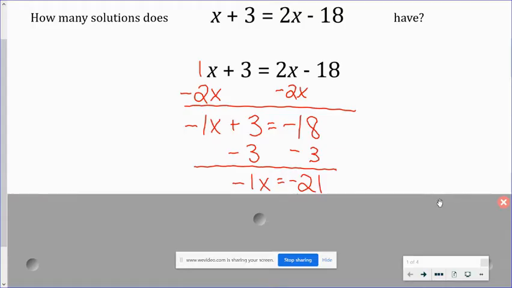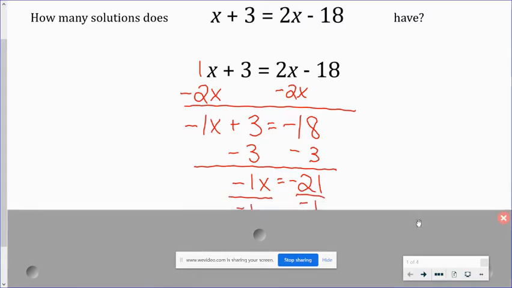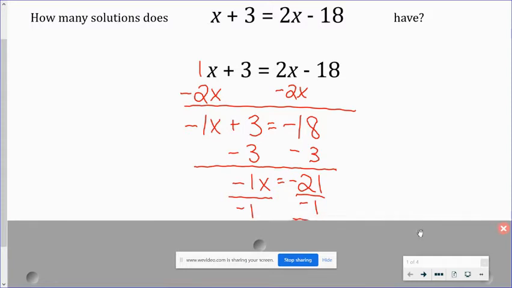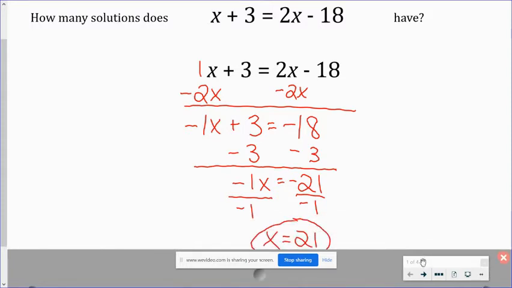Now, we're not finished solving because x is not isolated, or it's not positive 1x. Negative 1 and x are connected by multiplication. To undo multiplication, we must perform division. Therefore, we will be dividing both sides by negative 1, in which x has a value of positive 21.